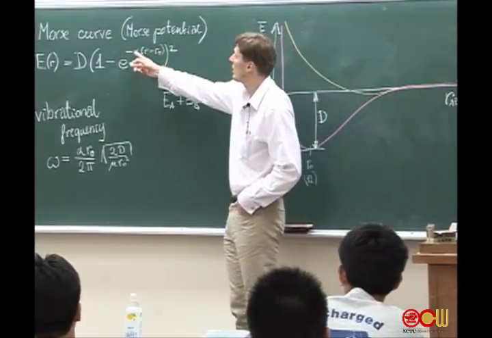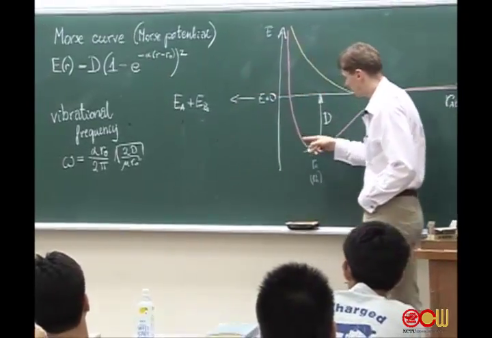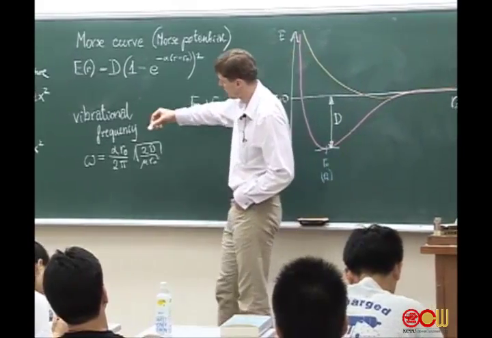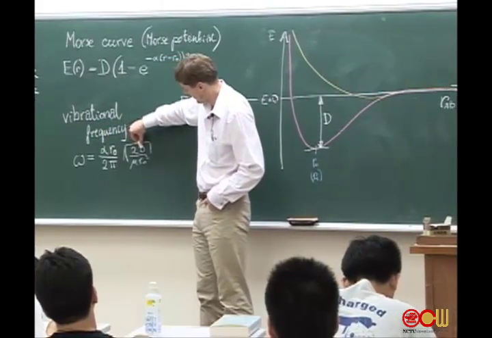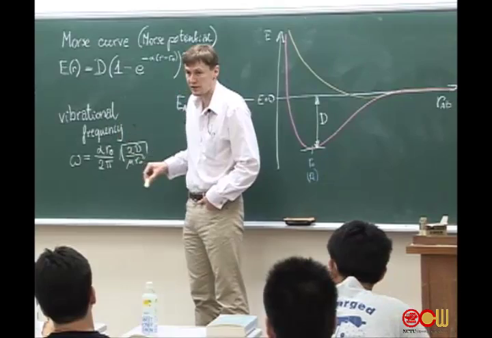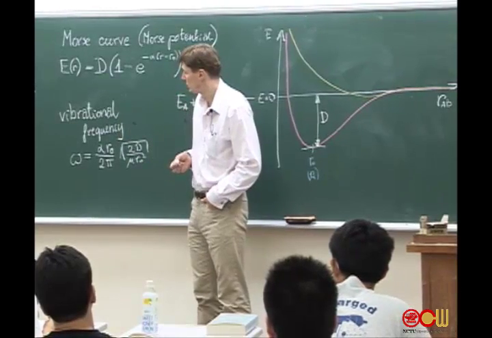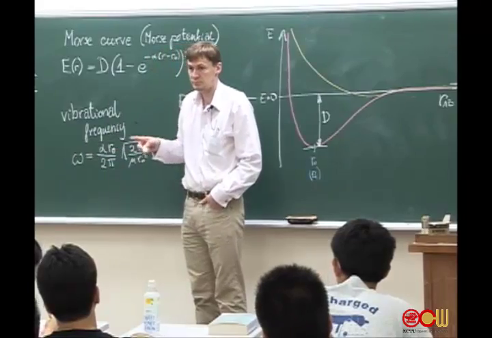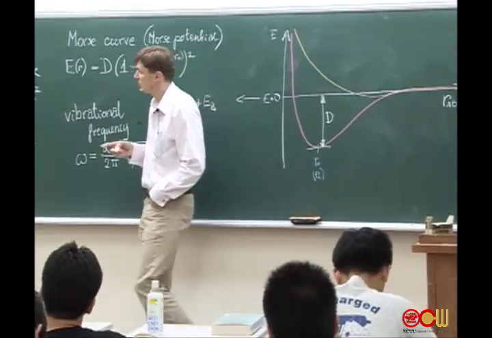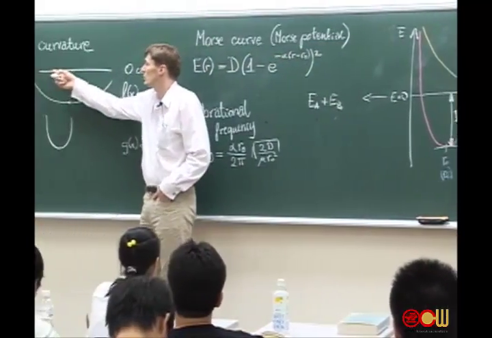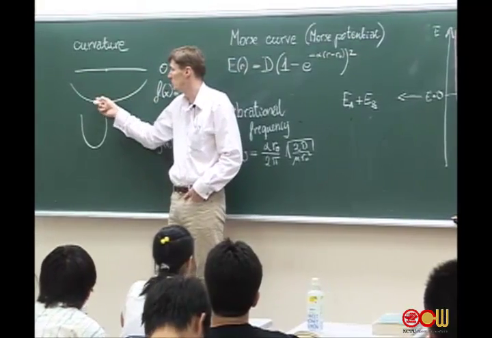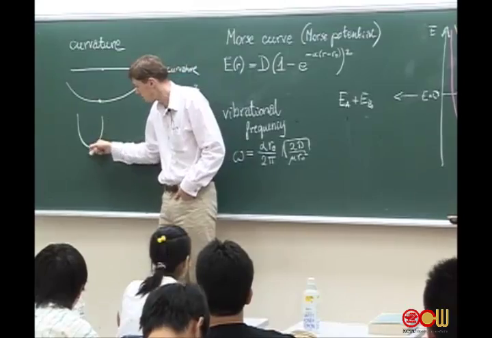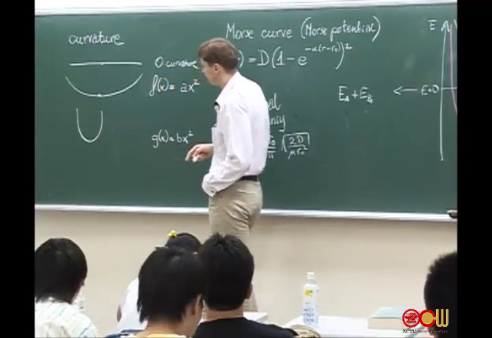And alpha defines what is the curvature in the minimum. In fact, not only alpha, because as you see, alpha, D, and r0, all of them are here. So it's a bit complicated definition. But anyway, this number tells you what is the curvature. If the number is 0, it means the potential is flat. If the number is small, it means the potential looks like that. If the number is large, the potential will look like that.